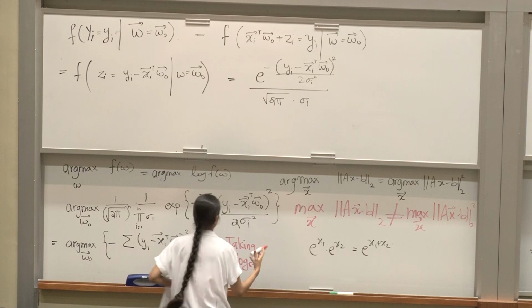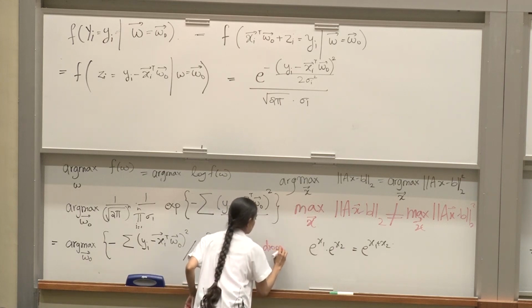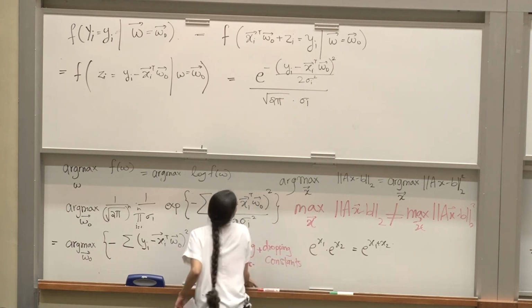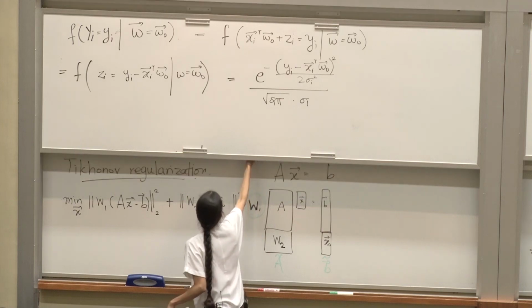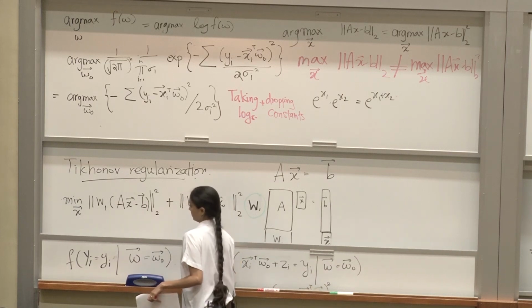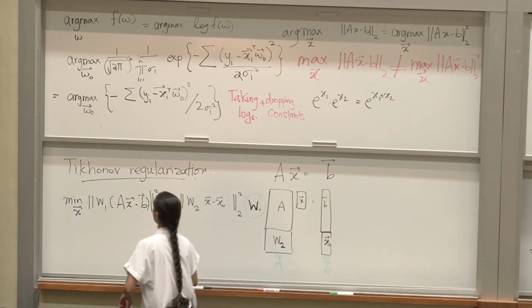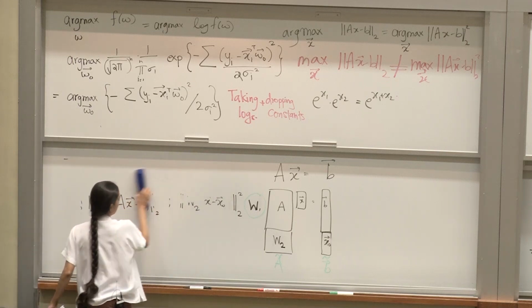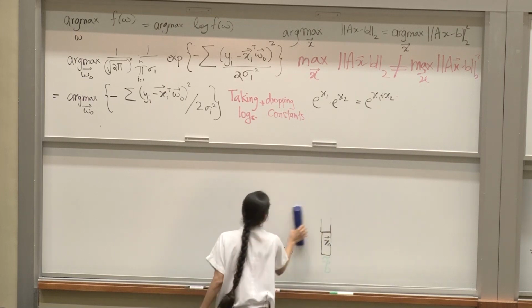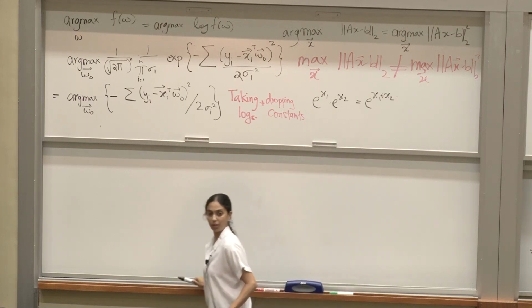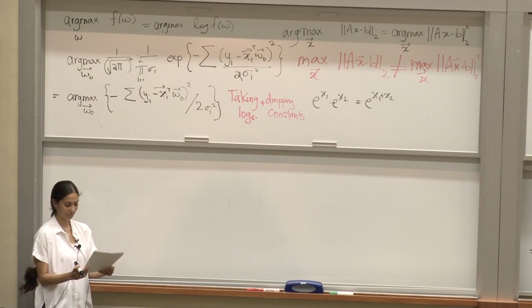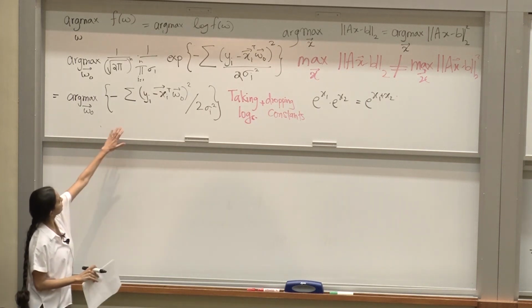And dropping constants. Anyone can see where we're going by now? All those least squares aficionados? Okay. So, what is this thing?